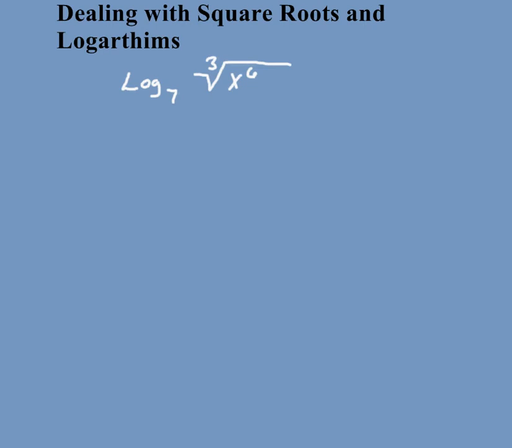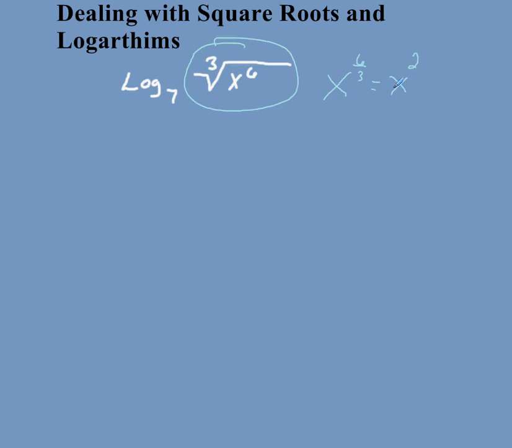You would say x, and you'd make it a fraction as an exponent. 3 would be your base, and the top would be your 6. Now you can convert that. 6 over 3 simplifies to just x squared.